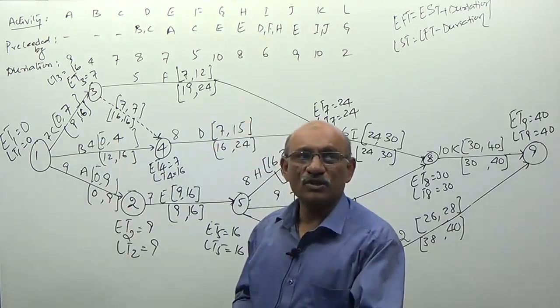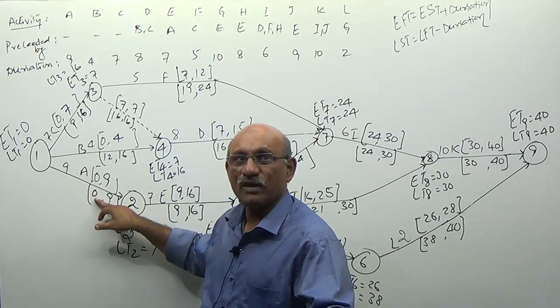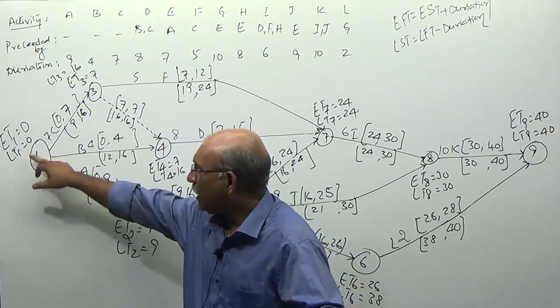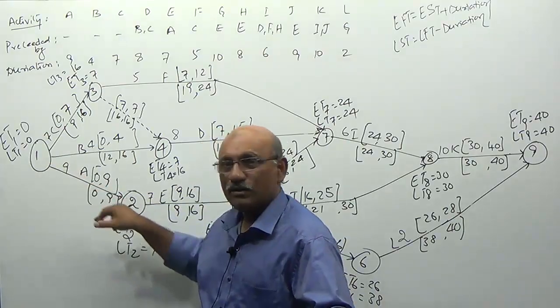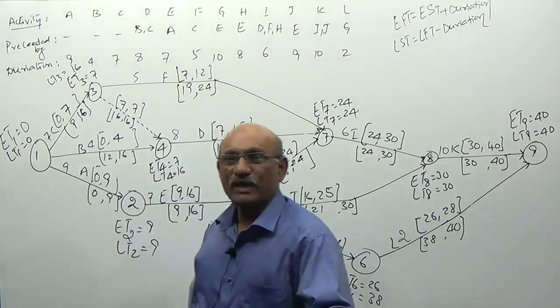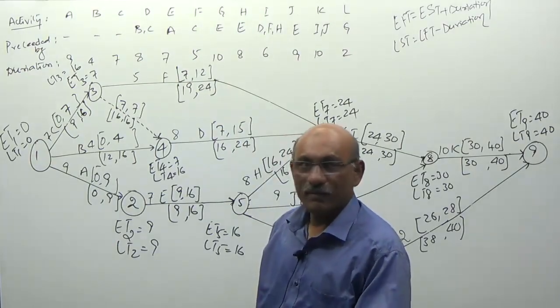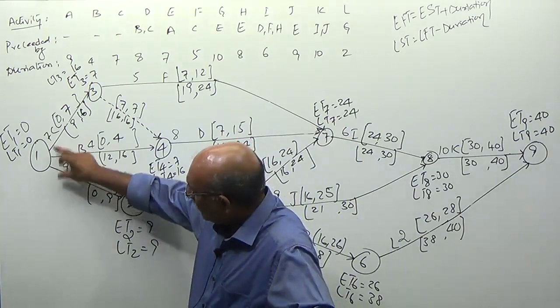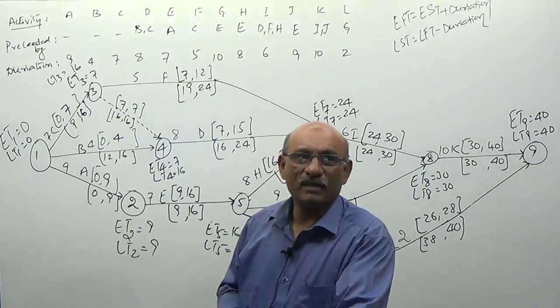So if you don't start this one on the 0th day, you cannot start this one. Therefore, you have to reach this particular node on the 0th day. Otherwise, at the bursting node, minimum of latest timing should be taken.